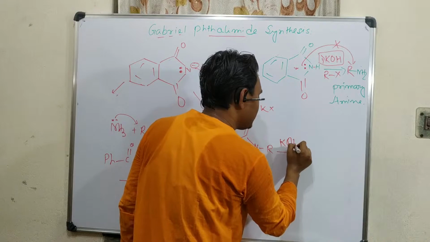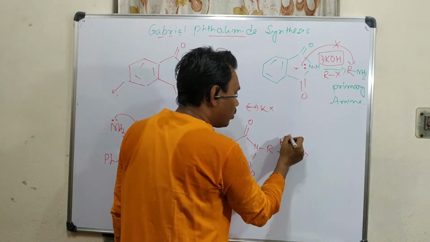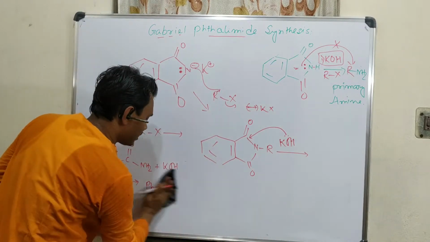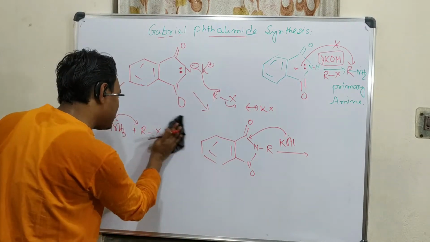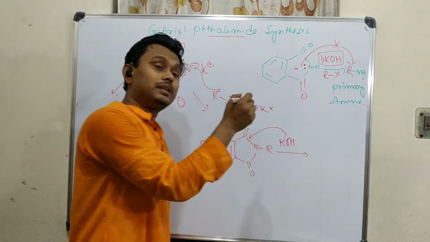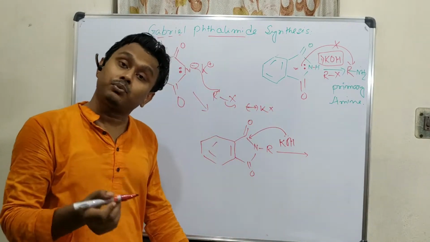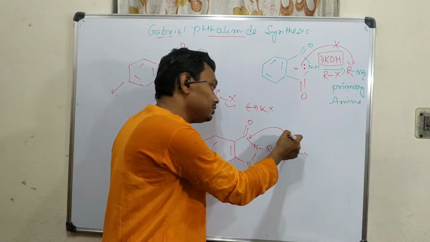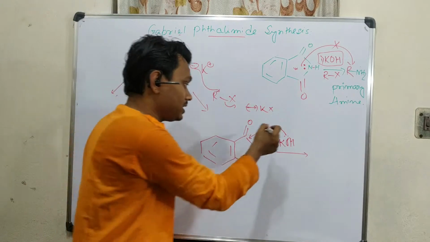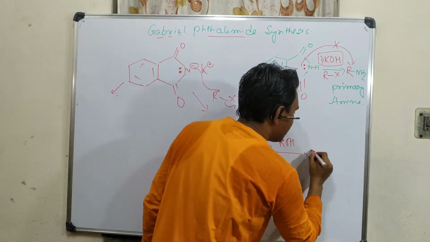So if we take KOH, then OH attacks. Now previously I told that the reaction between ammonia and phthalic anhydride is acid catalyzed, so that carbonyl group is activated by protonation. And here the nucleophile is stronger, that is OH minus, so it is base mediated. Okay, so here the nucleophile is stronger. So what will happen?